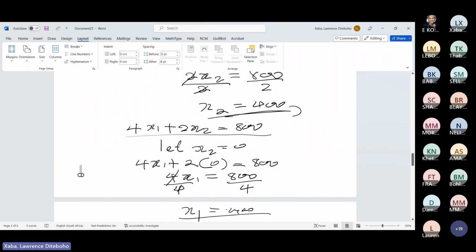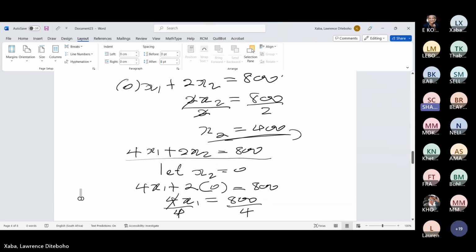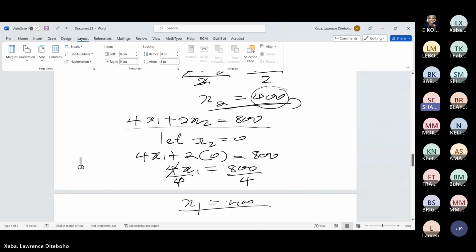Let's go back a bit. We've calculated the value for x2, which equals 400. Then we go back to the sum where it says 4x1 plus 2x2 equals 800. Can we not substitute the value for x2, which is 400, in the sum, or do we have to do this method?